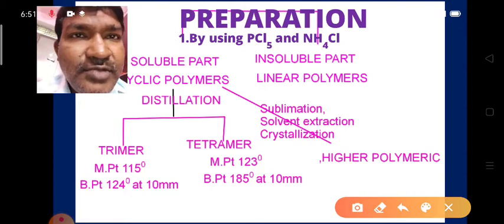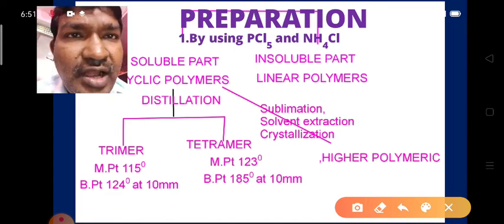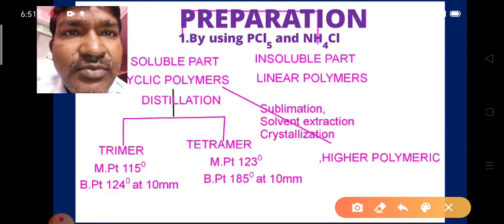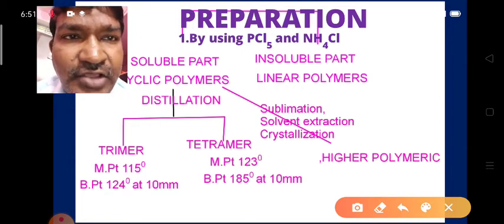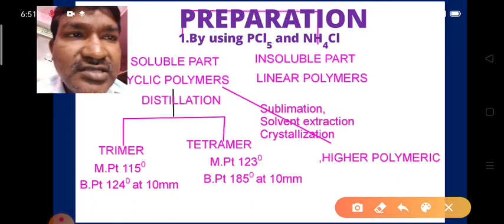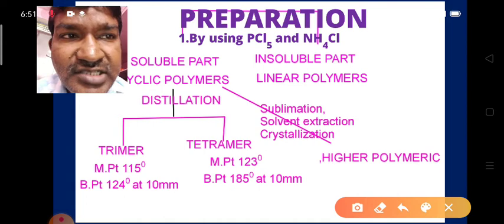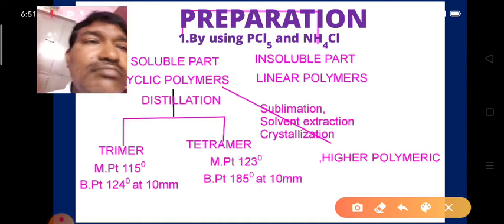We remember one point: the trimer and tetramer from the soluble part are separated by distillation, and the higher polymers by sublimation, solvent extraction and crystallization.